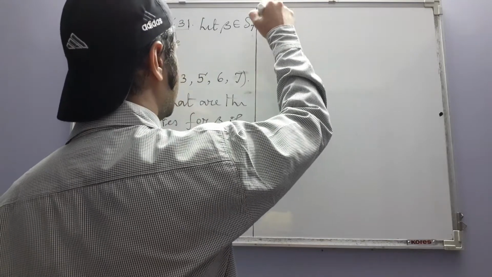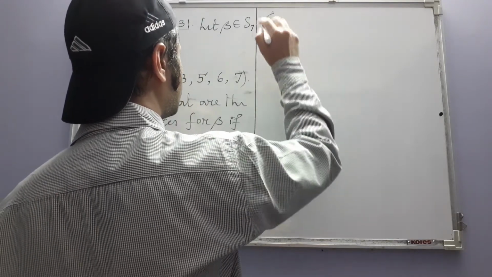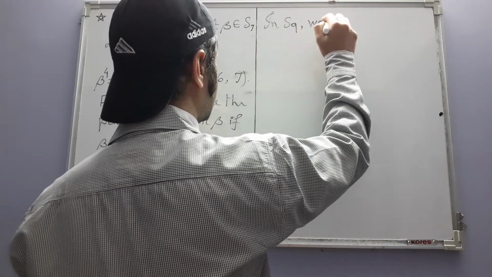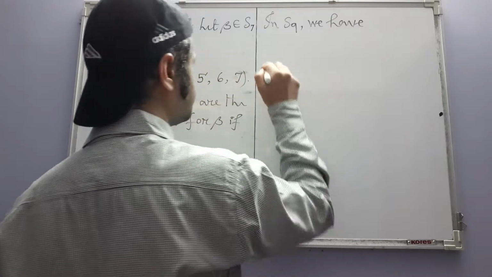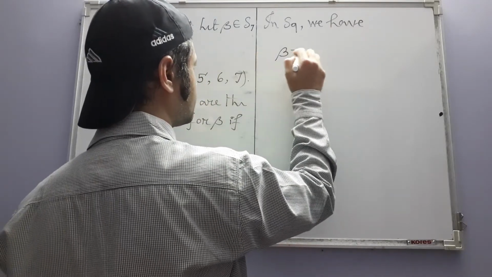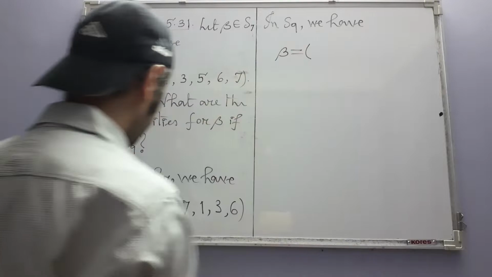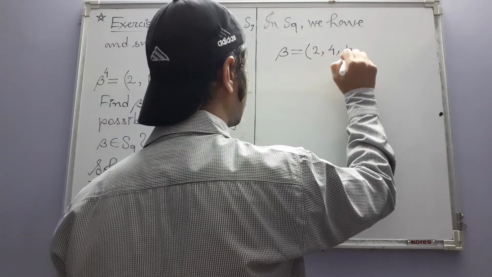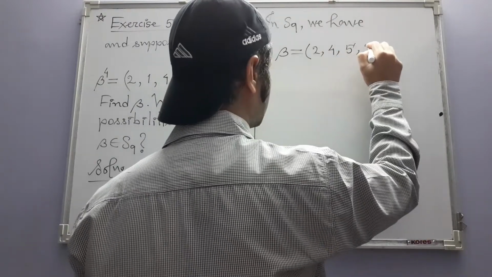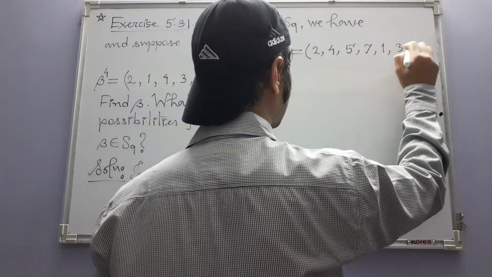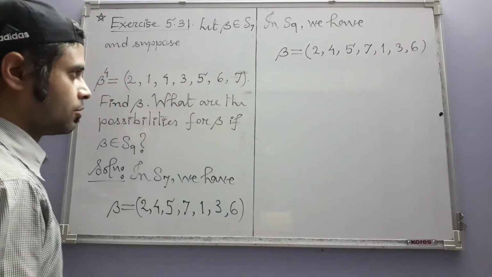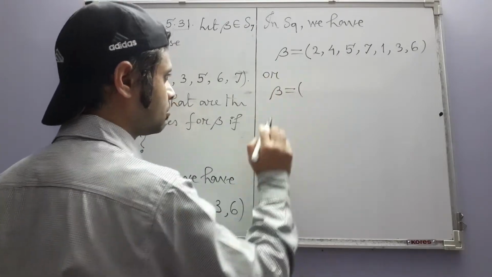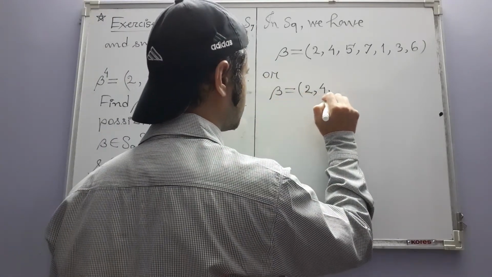So in S9 we have beta equal to the same thing, or beta equal to this.